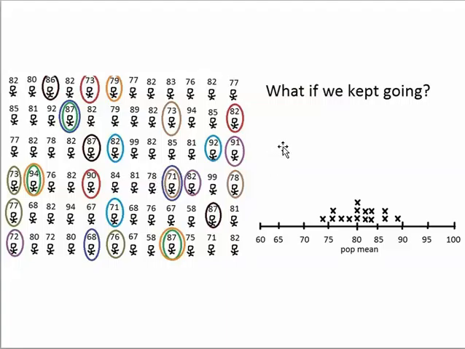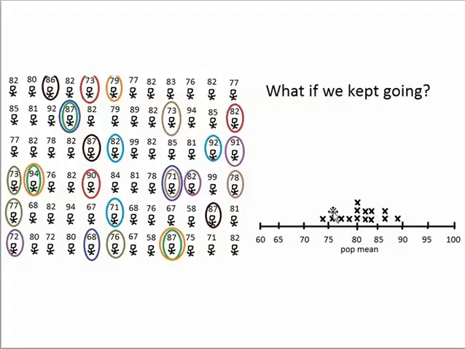So if a person randomly selected a sample of 3 people from this population, recorded their exam scores, and calculated the mean of the sample, the person would get one of these sample means inside of here. For example, the person might get this sample mean, this sample mean, or this sample mean right here. Each of these X's is just the mean of a different possible sample of 3 people that could be chosen.